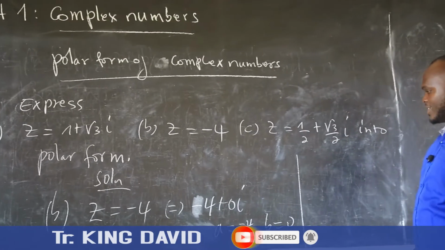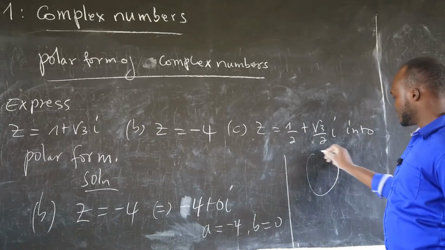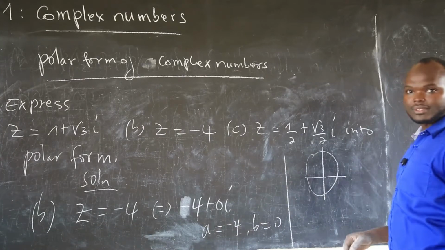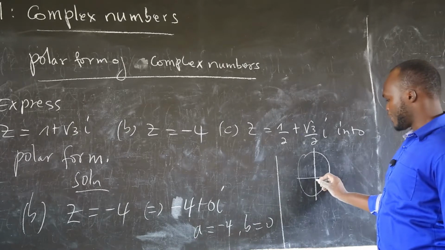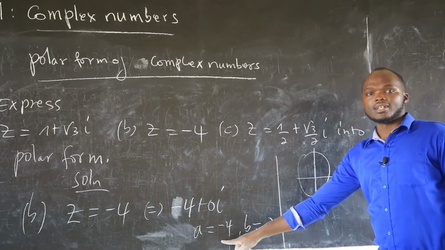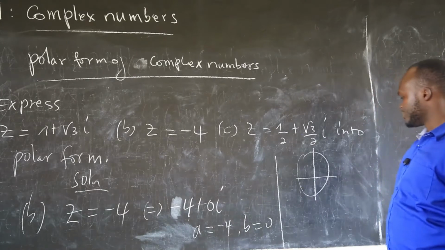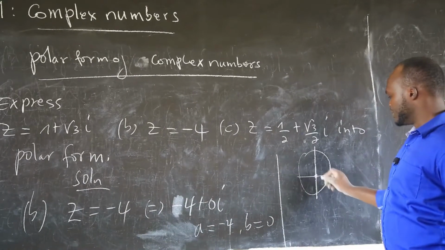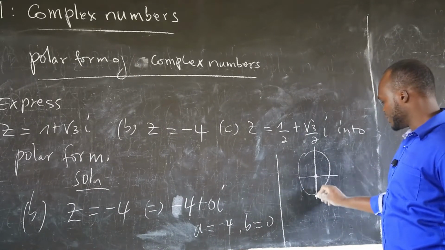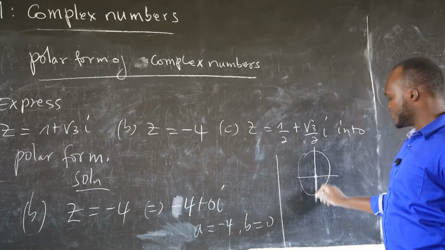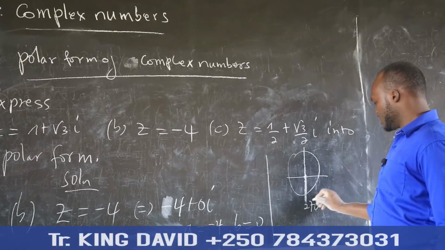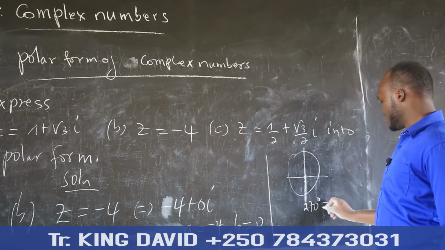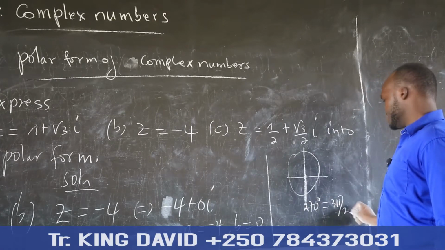So which quadrant is that? b is 0. Our a is on the x-axis, b is on the y-axis. It is here, then negative, it is on this side. So this line, you know that this line is 270 degrees, which is 3 pi over 2.